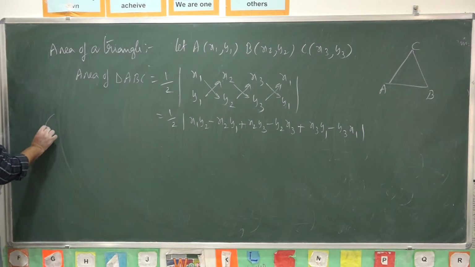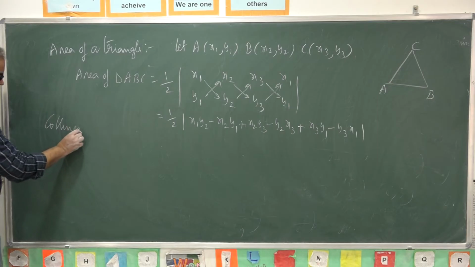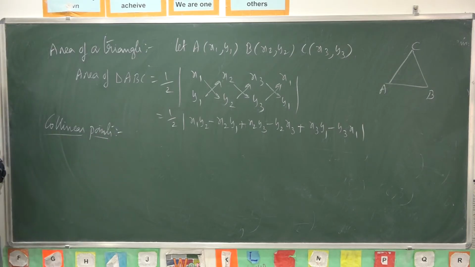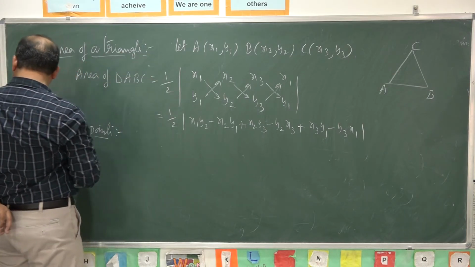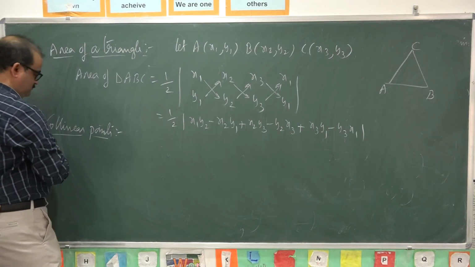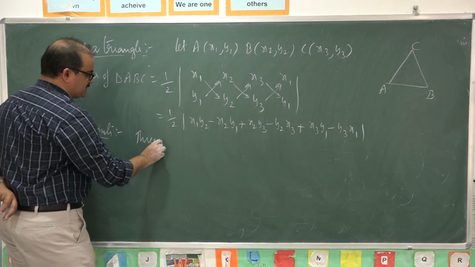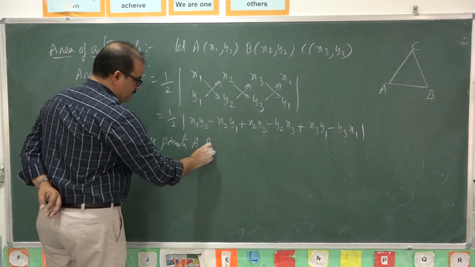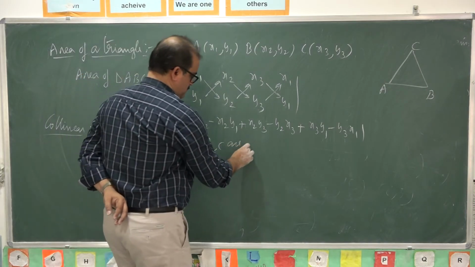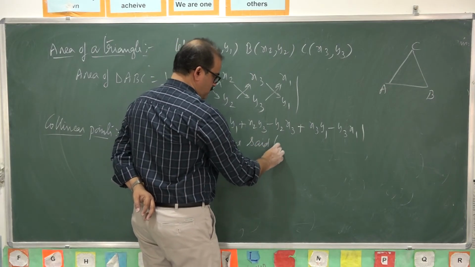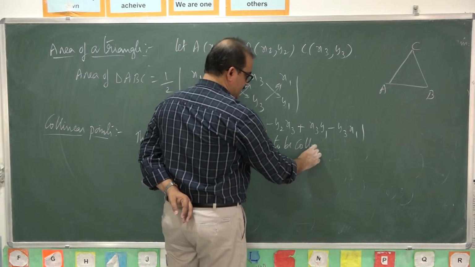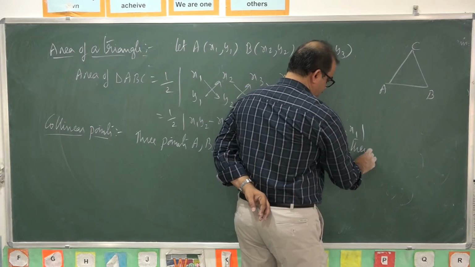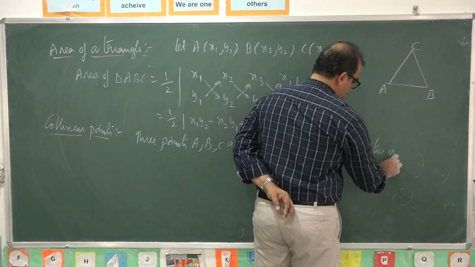Next, collinear points. Three points A, B, C are said to be collinear if they lie on the same line.